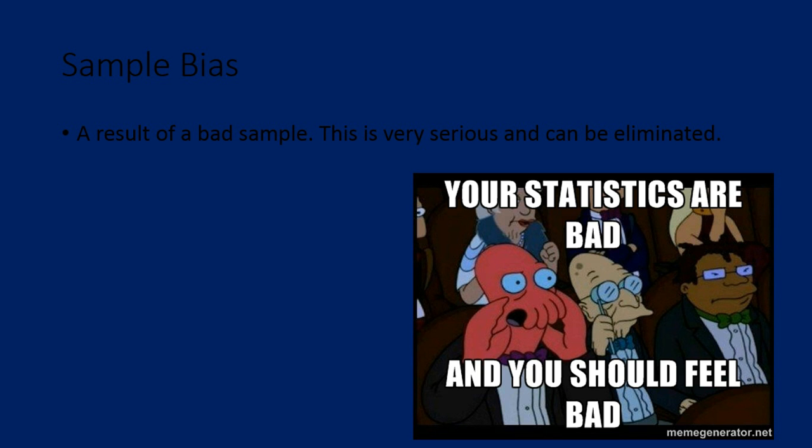Now, sampling bias. This is the bad one. When you give a sample and your sample is geared towards a certain group, you've already kind of geared it towards a certain bias. Some people try to use statistics to prove their point, and they use this to their advantage.